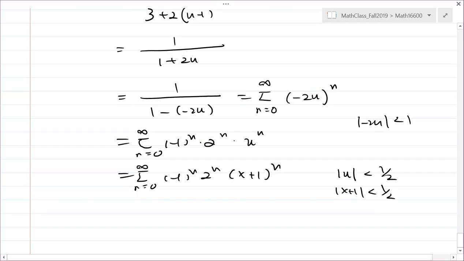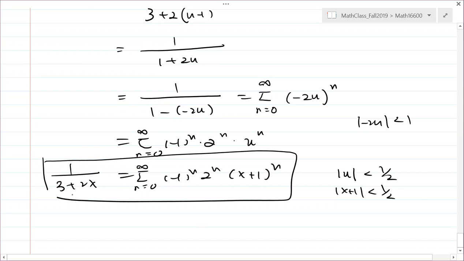So this is a Taylor series. We not only know this is a Taylor series, we know this Taylor series is convergent for x satisfying this inequality, and not only convergent, but convergent to the function. So we have this identity for 3 plus 2x. This holds for such x.